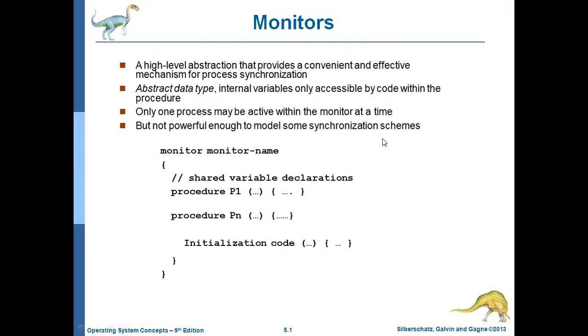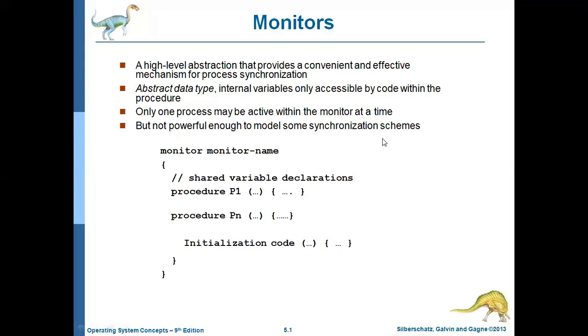The shared data variables cannot be directly accessed by a process, and procedures are required to allow a single process to access that shared data. For example, we take some shared variables.